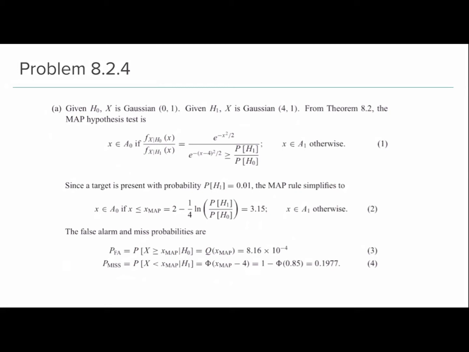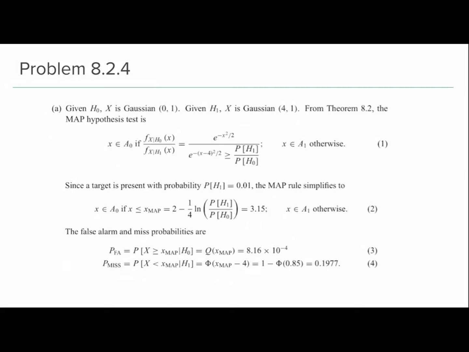So x greater than x MAP is equal to 1 minus the probability of x less than or equal to x MAP, which is 1 minus psi of x MAP, or basically Q of x MAP, since the mean is 0 and standard deviation is 1.